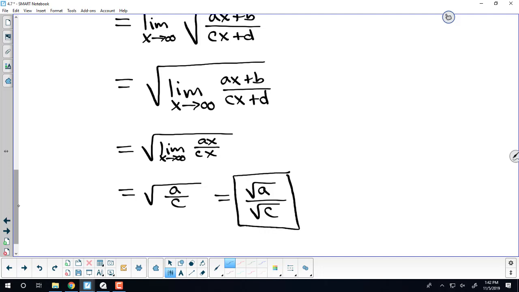And again, that's kind of just showing you that just because you have an indeterminate form that L'Hopital's applies to, it's not always the case that it's going to solve the problem for you. And also indeterminate, like infinity over infinity or 0 over 0, can be any value. So here the value is root a over root c.